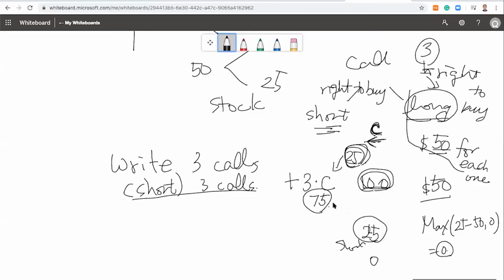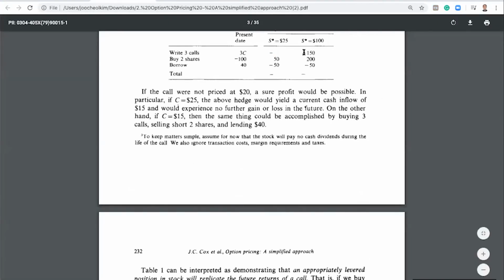That means if you are in a short position, you have to pay $50 to him for each stock. Since you sold three call options, you have to give him $150. So that's why the value here is negative 150.